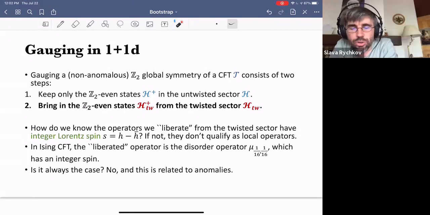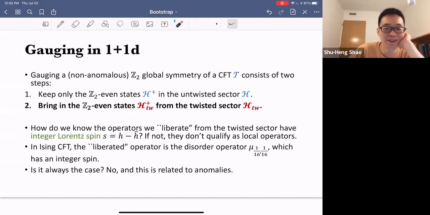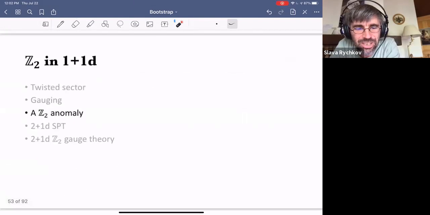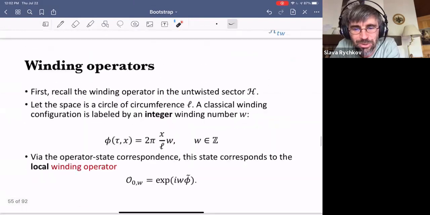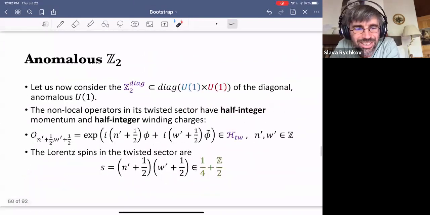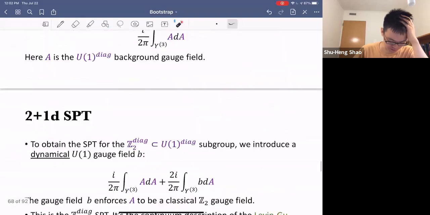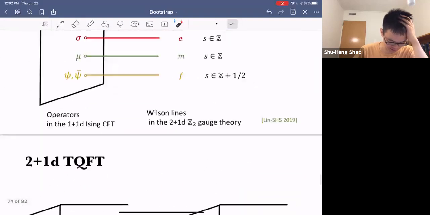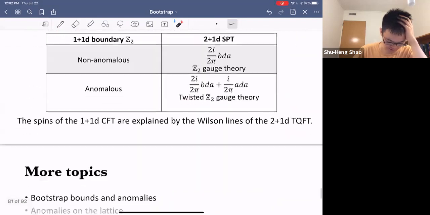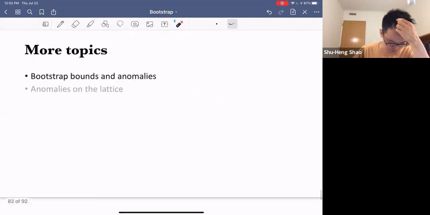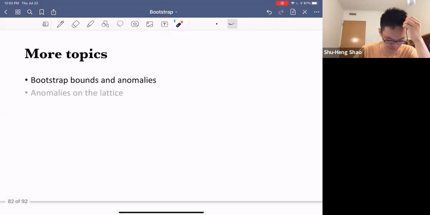I'm a bit worried, Shu-Heng, because you have a lot of interesting stuff and you are very relaxed, but probably not going to be able to finish all of it. I'm a bit worried that we are going to miss out on some of the interesting stuff that you have prepared. I'm definitely able to cover the Z2 anomaly in the next lecture, and then I have some more topics that I'm not sure if I want to talk about.